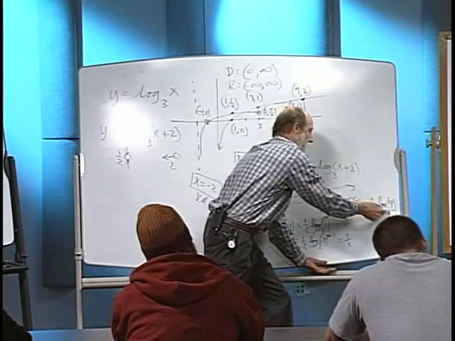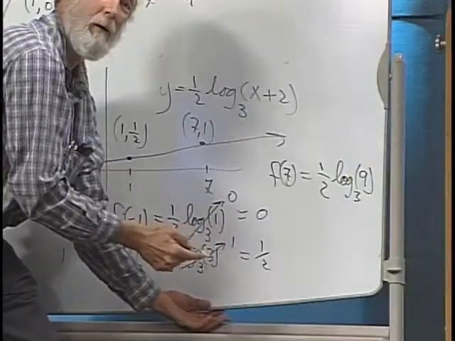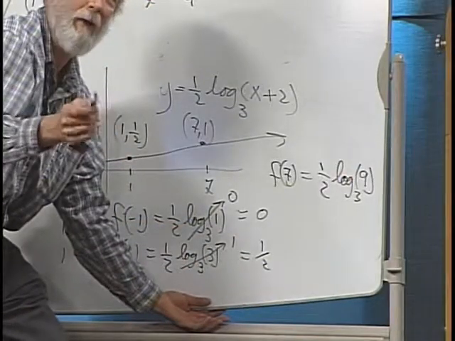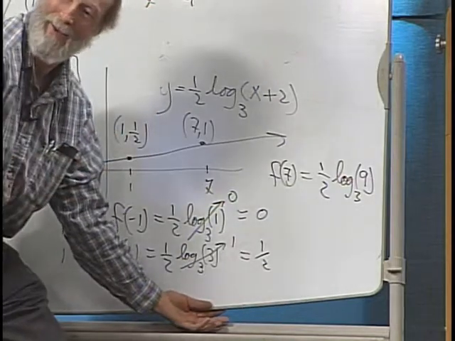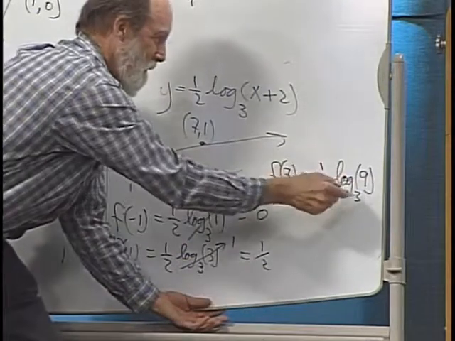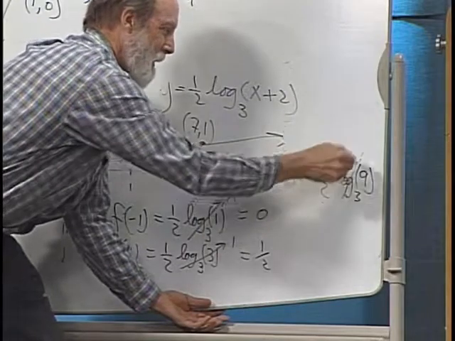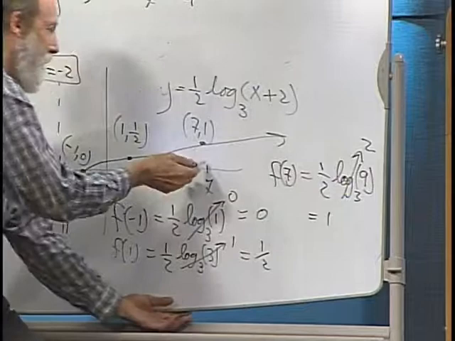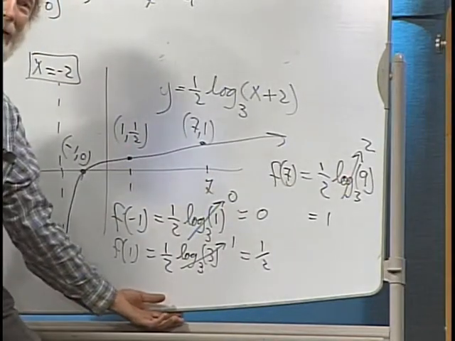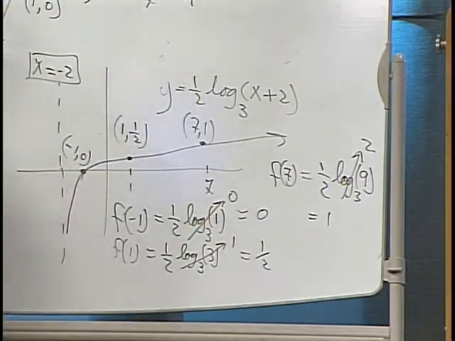The exponent of 3 that gives you 9. I want you to be able to say that as easily as I do. Of course, I've been doing this for years, okay? But that's the objective. What's the exponent of 3 that gives you 9? That's a 2. 2 times 1/2 is 1. Checks, 7, 1.